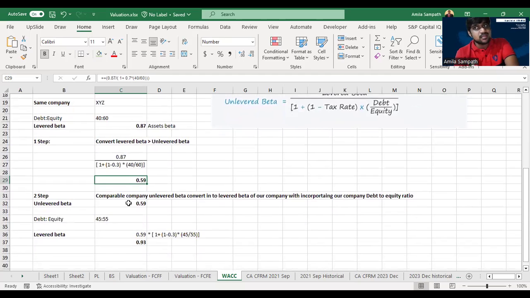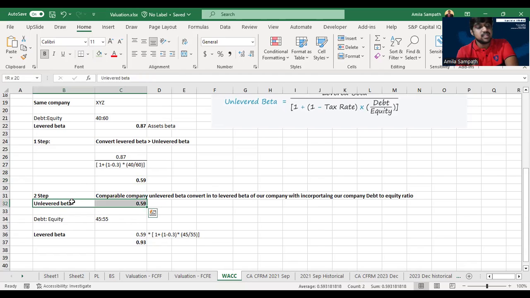Since our company is comparable to theirs, we can assume this 0.59. That means if both companies are 100% financed from equity, their betas should be equal, because both companies are comparable. Therefore, we can consider our unlevered beta as 0.59. Then what do we need to do?